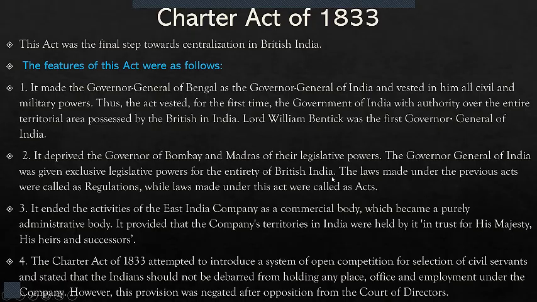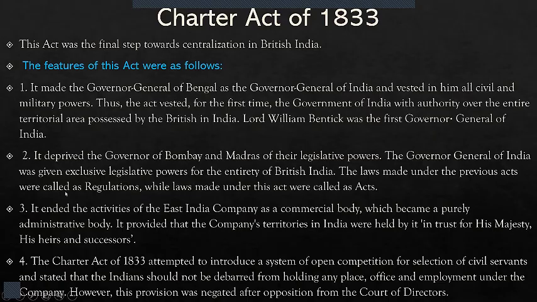So all the legislative powers, executive powers, every power was given to the Governor General of India. The laws made under the previous acts were called regulations, while laws made under this act were called acts. From now onwards these will be called acts.